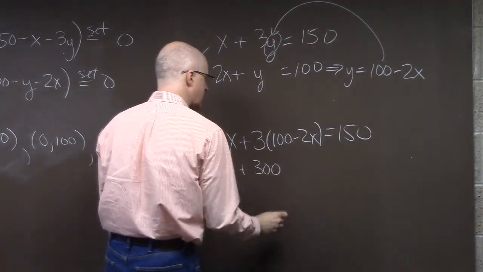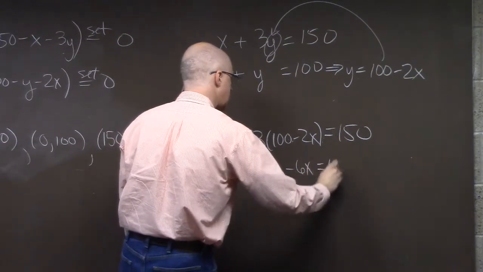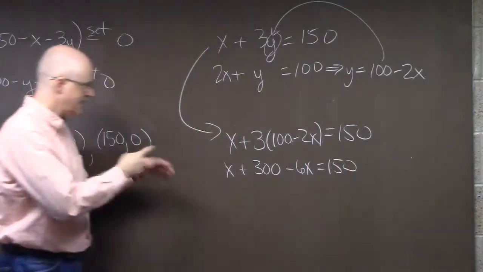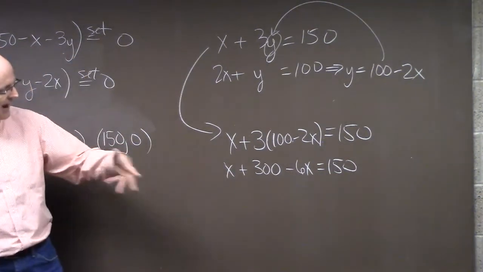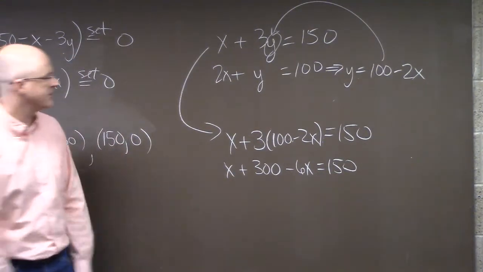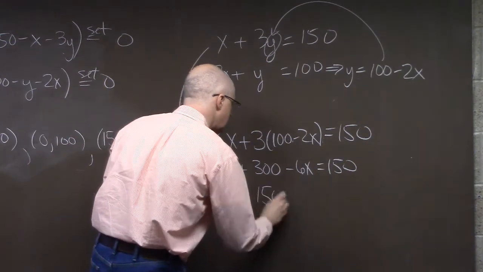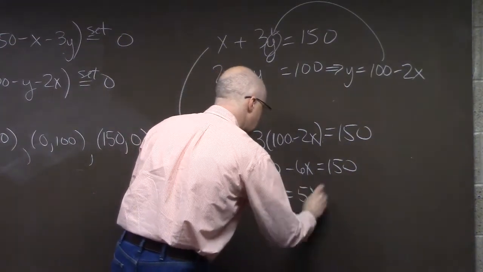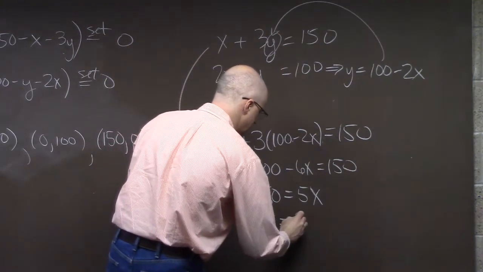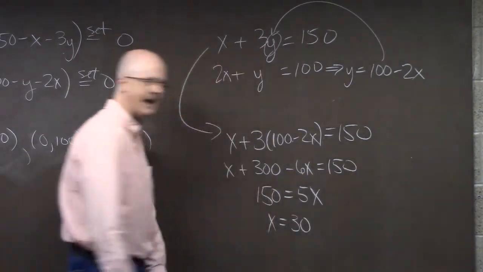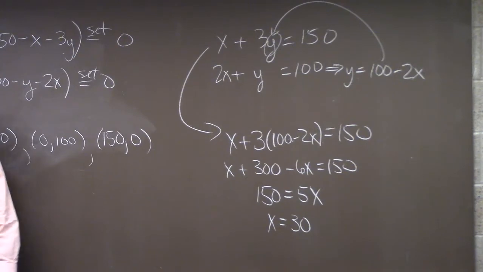Distribute the 3 through the parentheses. I'll swing the x's on the other side because you get a negative 5x on this side. Add 5x to both sides. Subtract 150 from both sides. 150 divided by 5 is going to be 30. Looks like x has to be 30 at an equilibrium point.